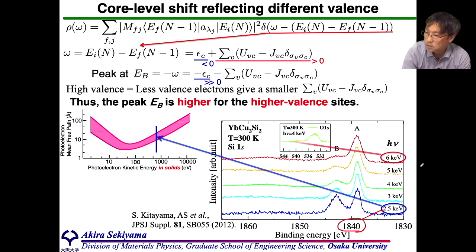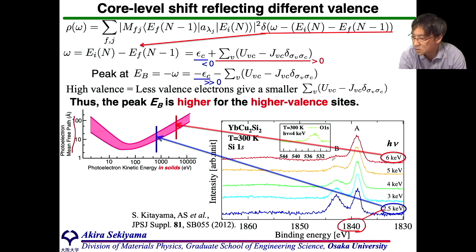But for the excitation energy of 6 kilo-electron volt, photoelectron kinetic energy is larger than the 4 kilo-electron volt. The resultant mean free path becomes longer. And it is also known that when we measure the oxygen 1s photoemission spectra at 4 kilo-electron volt, we see some oxygen 1s spectral weight.